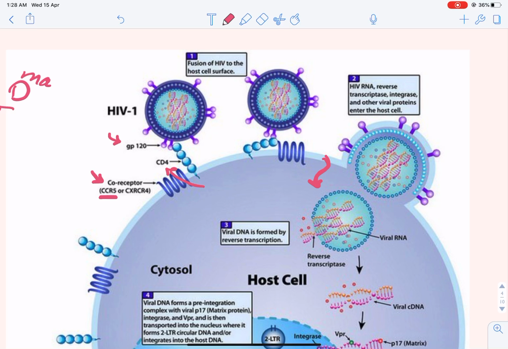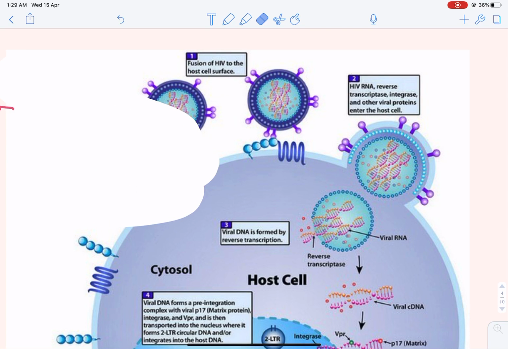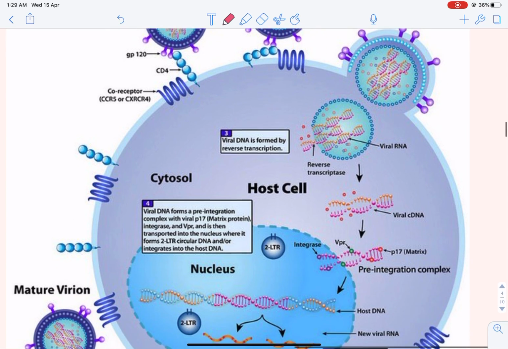Something interesting that I found: people with a homozygous mutation in this co-receptor are resistant and have immunity against HIV, because without this receptor, the virus cannot enter into the cell.